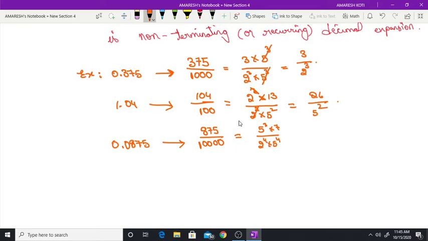Simple. Now divide 5 cube, and here only 5 power 1. So it gives you 7 by 2 power 4 into 5.